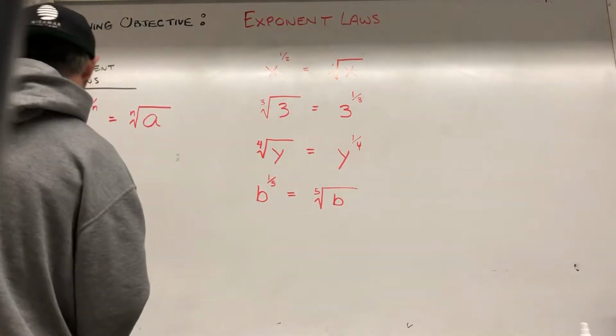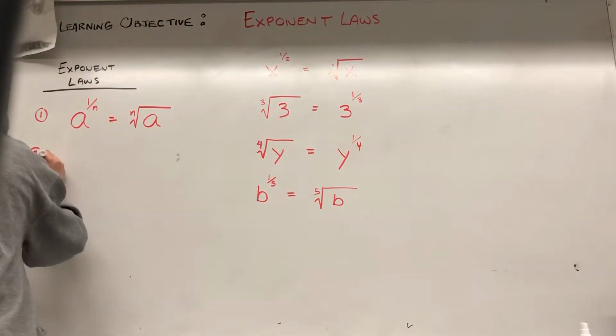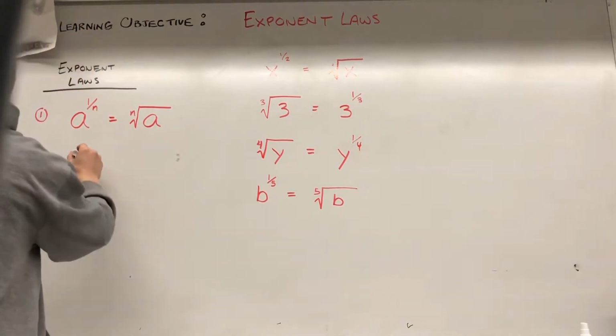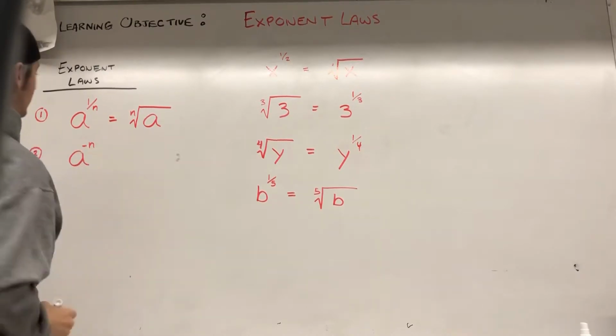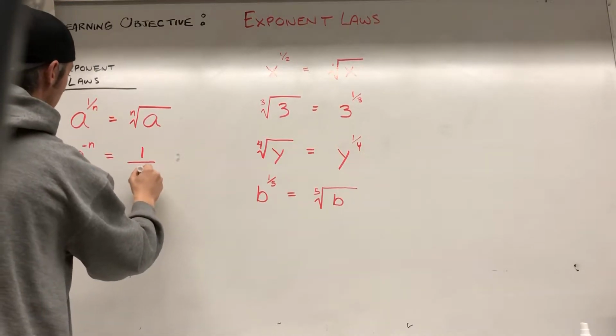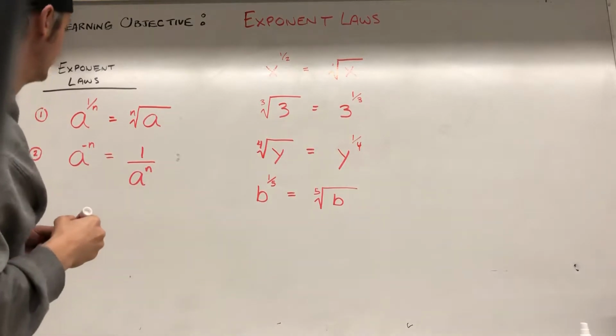Okay? And the second complementary law here is: a to the power of negative n is the same as 1 over a to the power of the positive version of that n number.